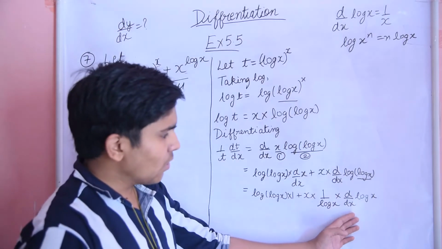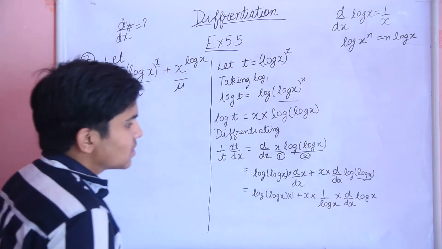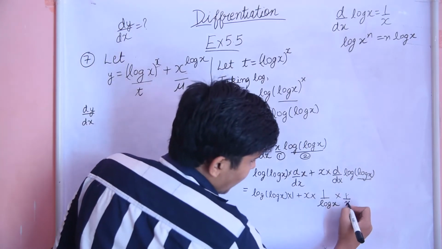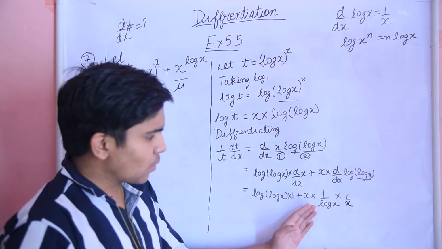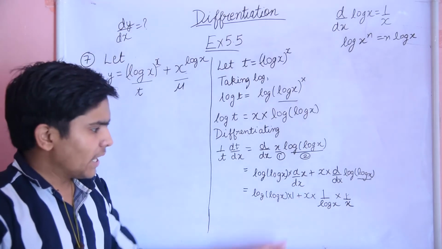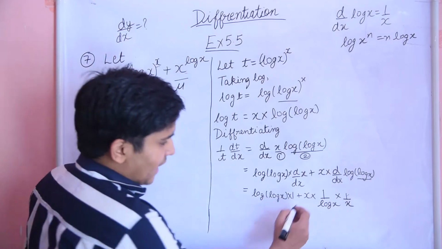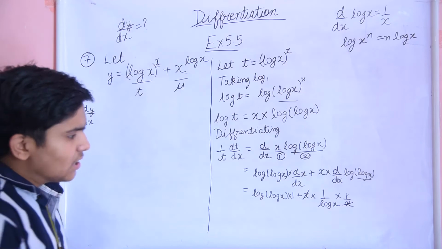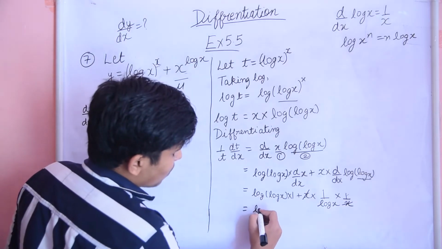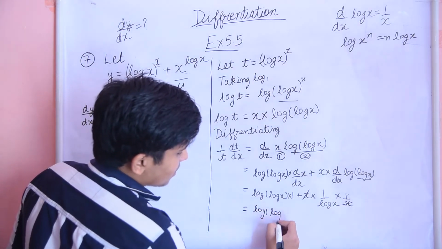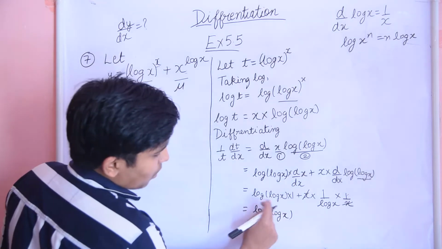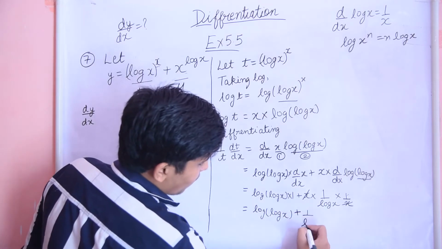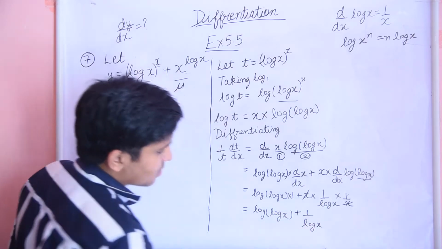And as you all know, d/dx of log x is 1 upon x. Writing it over here, we have x into 1 upon log x into 1 upon x. As you can see, x will cancel out x. So we are left with log(log x) plus 1 upon log x.